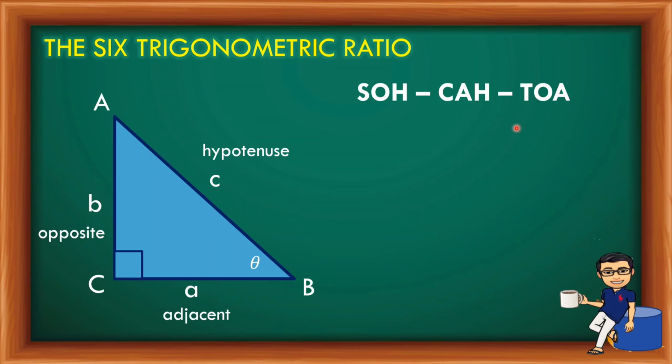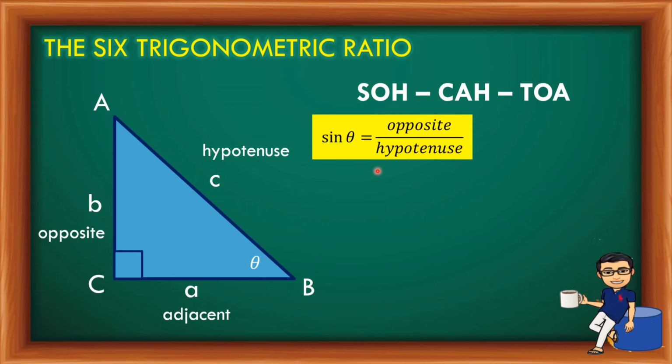Alamin natin kung ano yon. Ang una ay sine theta. Sine theta is the ratio of opposite over hypotenuse. This S from SOH is sine, O is the opposite, and H is the hypotenuse. Again, that's SOH from sine theta.